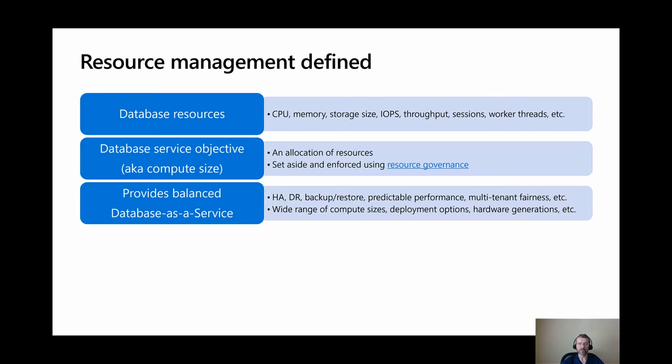And the reason we need this is to provide a balanced database as a service. So all of those things you expect from a PaaS service, such as high availability, disaster recovery, backup restore, predictable performance, multi-tenant fairness, and so on, all of those things are made possible by using resource governance, so that a single customer workload does not impact other customer workloads. And that lets us have a wide range of compute sizes and deployment options, from single database to elastic pool to managed instance, different hardware generations, and so on and so forth.